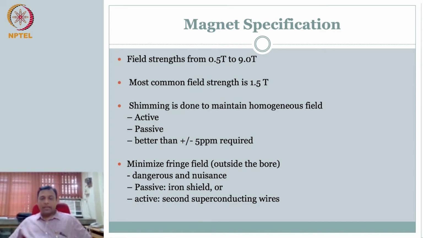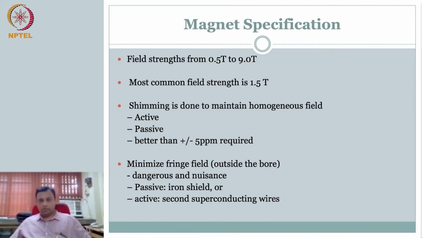You also get it with shimming. We already talked about shimming. What is shimming? It maintains a homogeneous field. There are several techniques of shimming: passive shimming, active shimming. Several machines that come with a superconducting magnet as a component give you homogeneity better than plus or minus 5 parts per million.